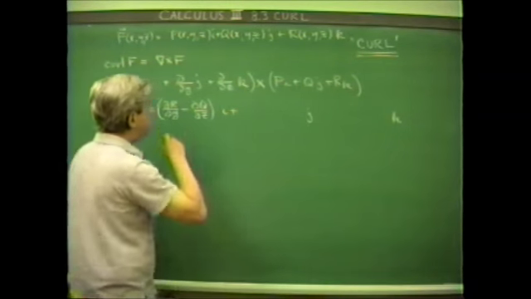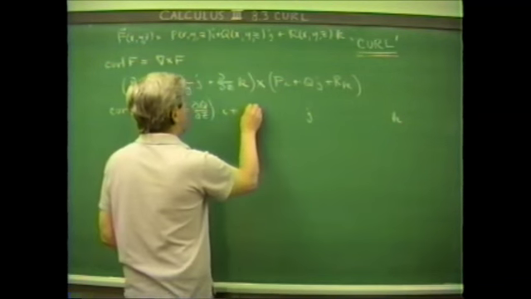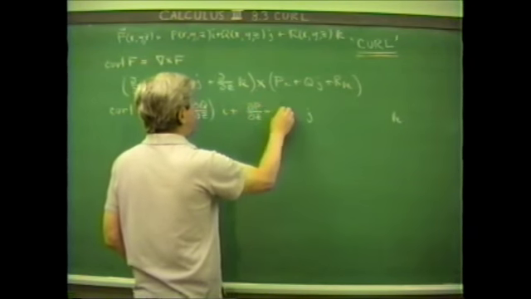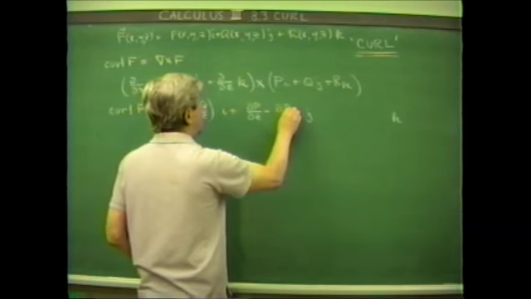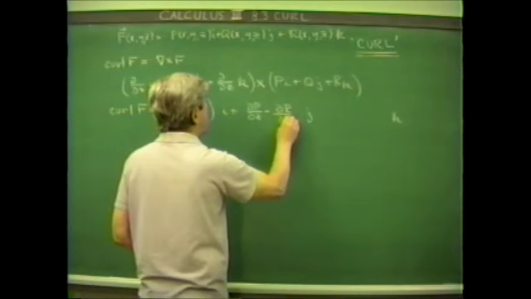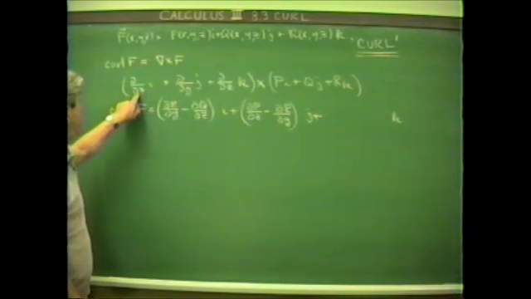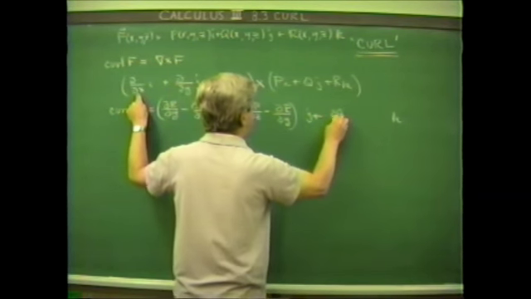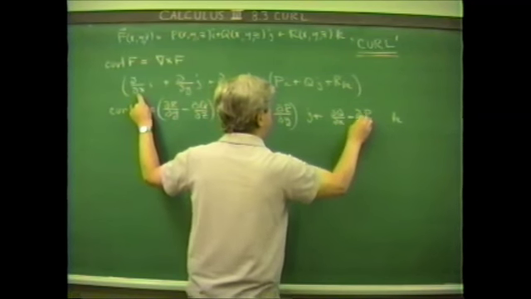The j component is what you get if you take k cross i, the partial of p with respect to z minus the partial of r with respect to x. And the k component is what you get if you take i cross j, the partial of q with respect to x minus the partial of p with respect to y.